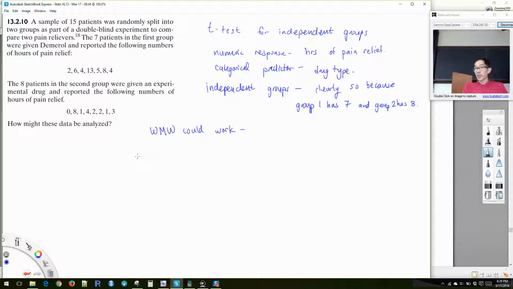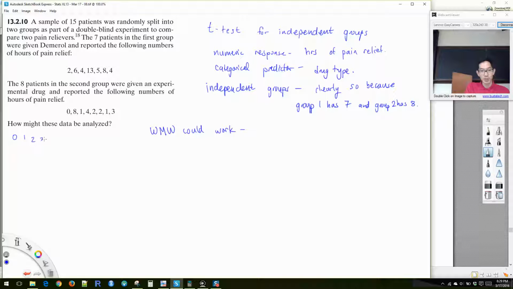Okay, it is a small sample, but I don't know, would 8 be an outlier here? Maybe, okay. I guess we could see if it would count as an outlier.